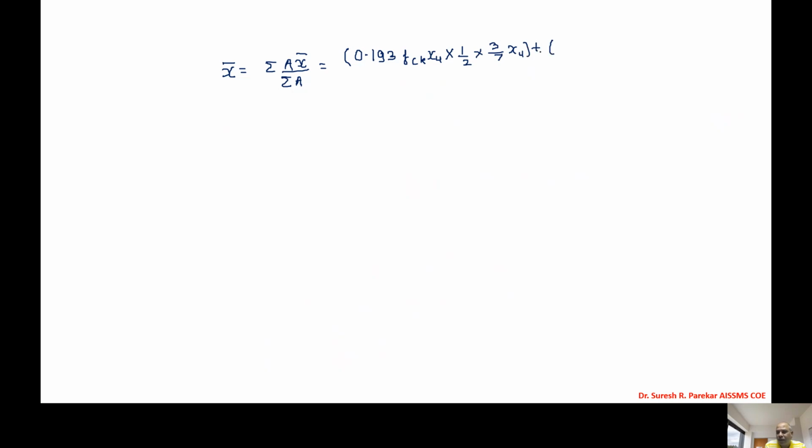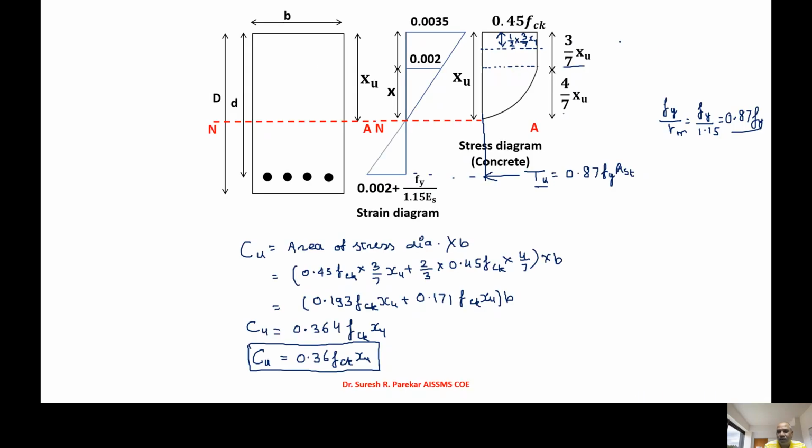Plus, the second part, the parabola: 0.171 fck into xu into, now try to understand, this is most important, the centroid of this is 3/8 of 4/7 of xu from the start of the parabola. From the top we have to add this distance.